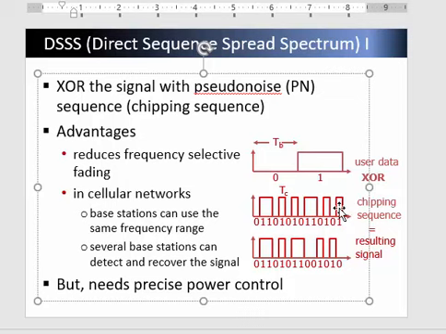Let's say this is a chip sequence, a chipping sequence. So this is two chip sets in a sequence.